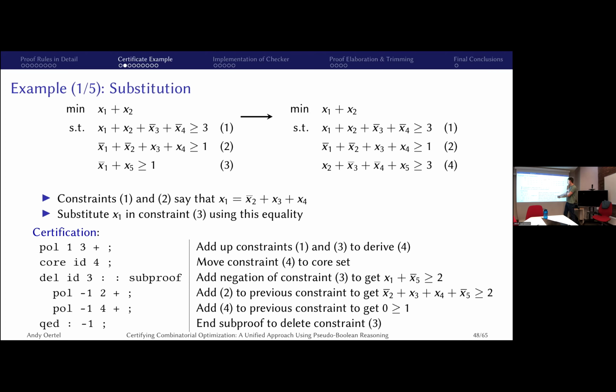Then we add this negation, the previous constraint we just derived, together with constraint 2, so the other direction of the substitution. And then we add this result to constraint 4. This gives us a contradiction, and this ends the subproof, and we can delete. We have shown all the derivations because we have derived the contradiction, and with a contradiction we can derive anything basically.